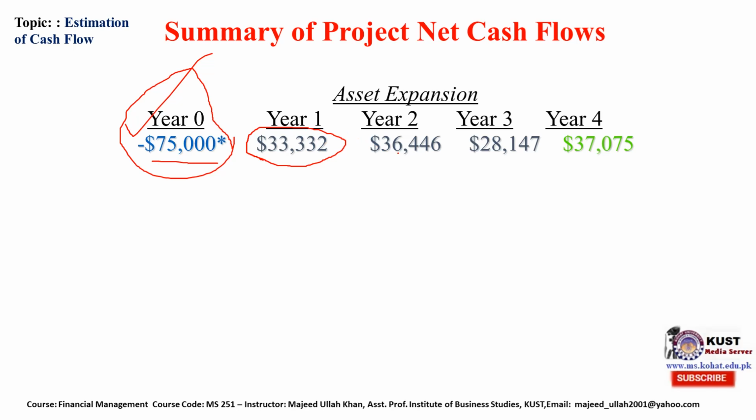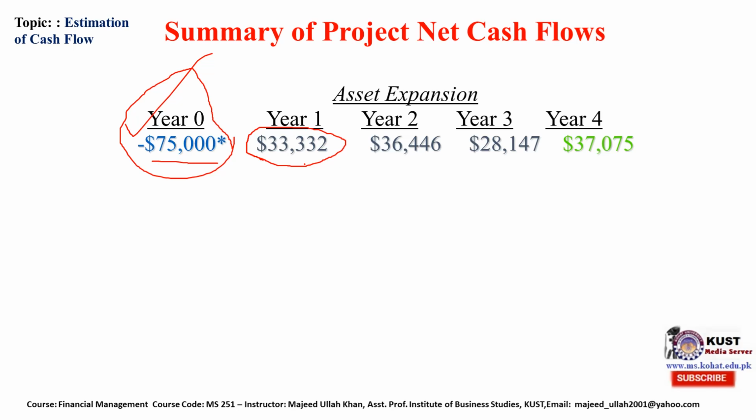Then in the second year, the company will get $36,446. In the third year, the company experiences a cash inflow of $28,146. In the terminal year, the company experiences a cash flow of $37,075.